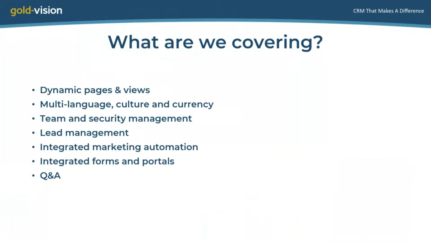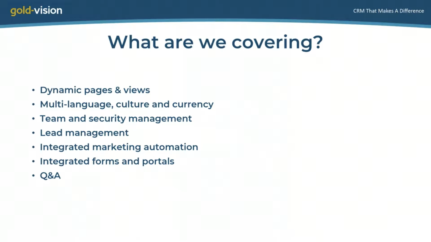We're going to be talking about how Gold Vision can dynamically adapt to different people's needs, how we can build in multi-language, culture and currency, how you can make sure that people see only the right information for themselves, how lead management, where you may have a central lead function and you want to get it out to different sales teams, can work well for you, how integrated marketing automation can work, and how we can also take the system to the next level with completely integrated forms and portals, perhaps where a country business isn't in control of a group website. And after that, we'll be having the opportunity for some questions and answers.